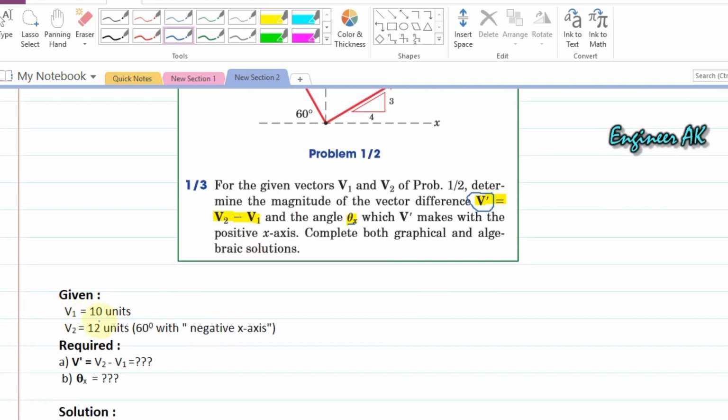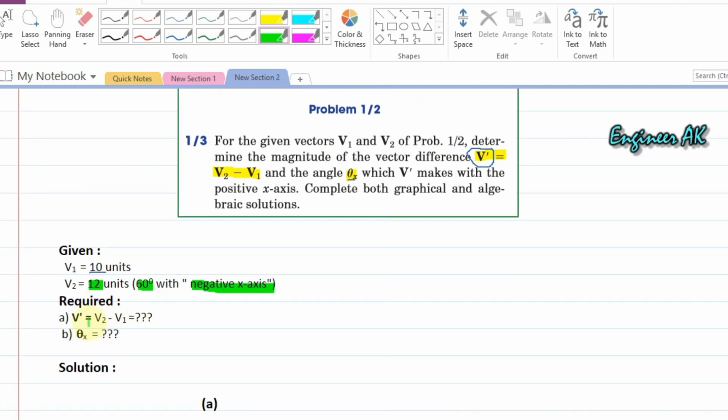So here we are given that v1 is equal to 10 units and v2 is equal to 12 units, and it is making a 60-degree with the negative x-axis, right? Now what we are asked is to find the magnitude of the difference of these two vectors, and secondly the angle that it is making with the positive x-axis.